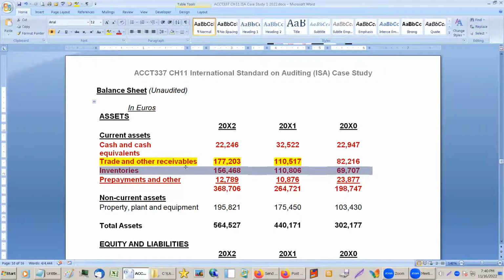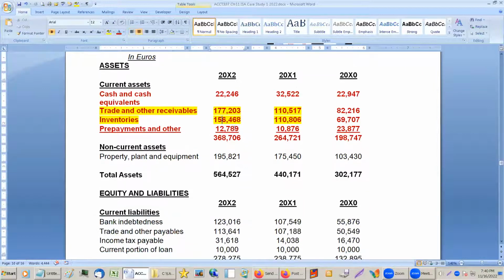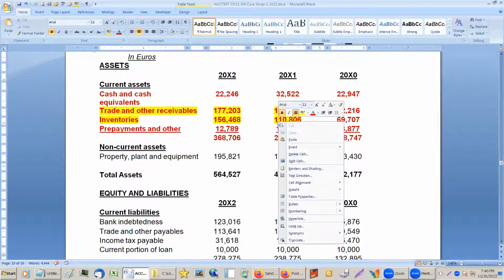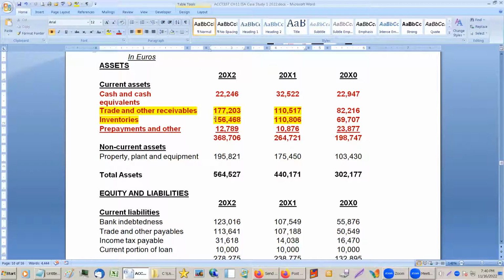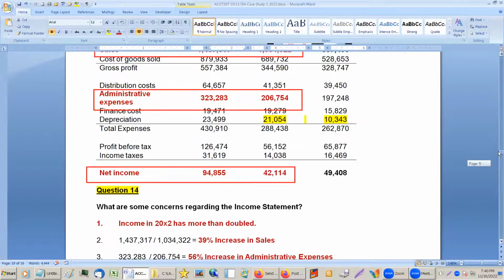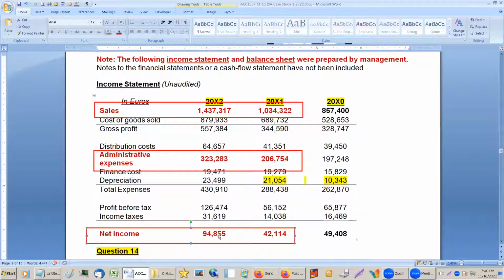Inventories jumped up. Now, inventories will jump up with an increase in sales, which we have here, so this one's not as unusual, but those did jump up. Cash is a little unusual too. Your income jumped up, your sales jumped way up, and your cash goes down.